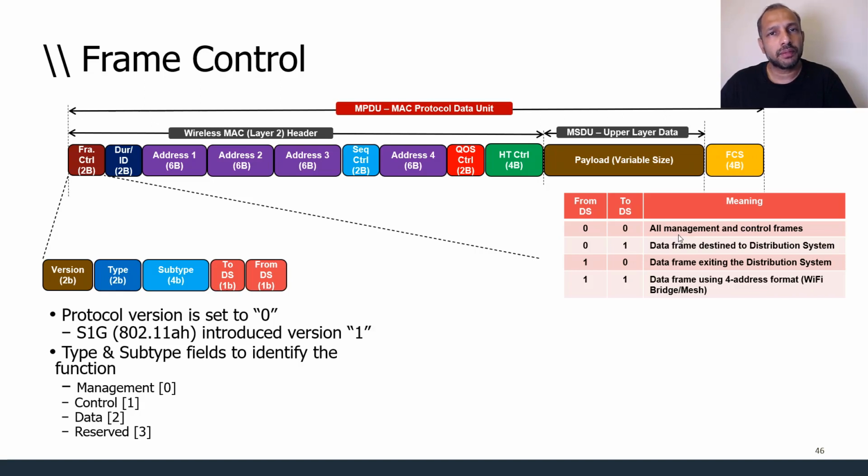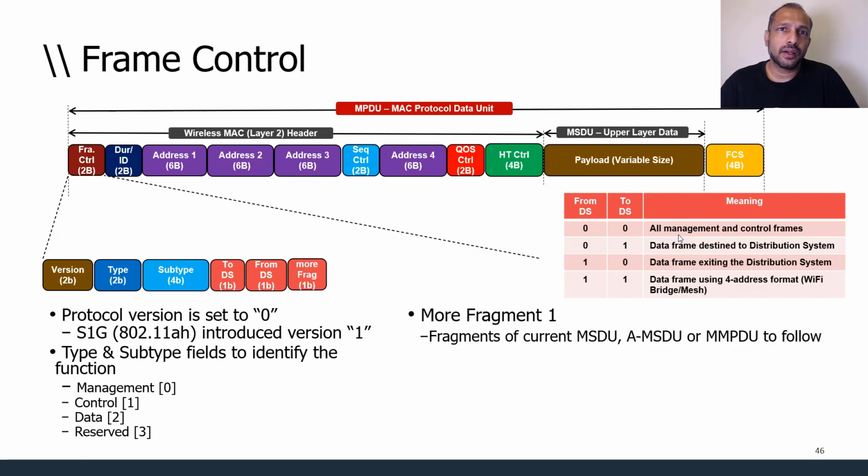For data frames, if it is coming from the wired side, the From DS bit is set to 1. If traffic is going to the wired side, originated from the wireless client, the To DS field is set to 1. There is a special scenario where you will see both values become 1. That is typically in a wireless bridge or mesh environment, where both bits are set to 1.